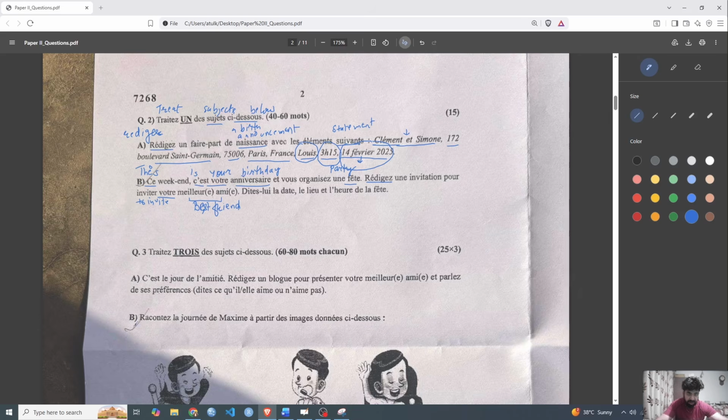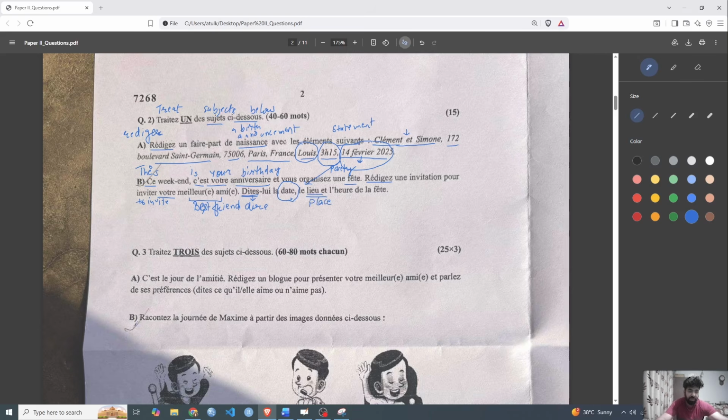And then it says dire, which is again a form of the verb dire, which means to say, to tell. So you have to tell him the date. The date is not mentioned, so we can of course borrow this date from the above portion, which gets easier for us. And then it says lieu, so basically the place.